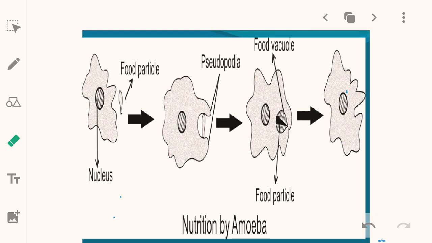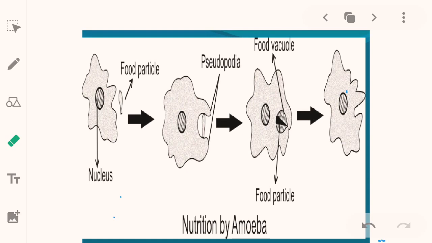Now, let us discuss how digestion takes place in unicellular organisms like amoeba. We all know that amoeba is a single-celled organism and the food may be taken in by the entire surface, but as the complexity of the organism increases, the different parts become specialized to perform different functions.